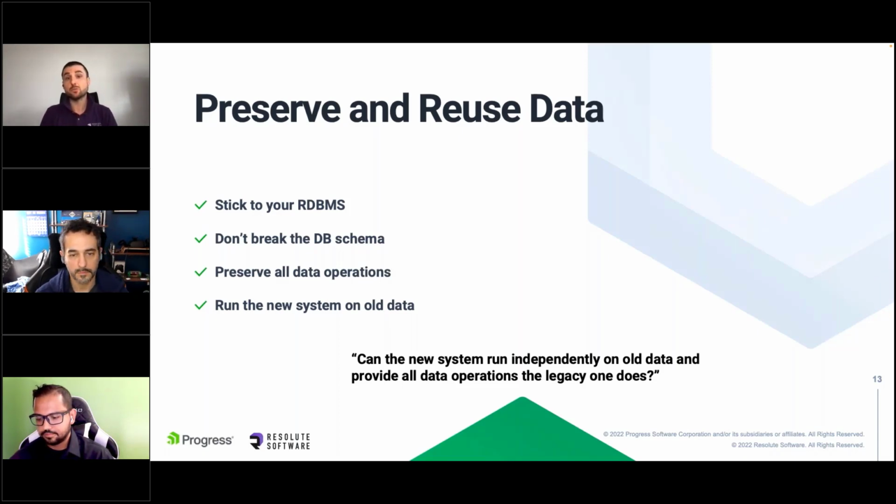You don't want to prevent the users from performing the same data access and modification operations that they had access to previously in the old system. If you can answer positively to the question, can the new system run independently on all data and provide all data operations the legacy does, then you have achieved pretty much your modernization objective for the data layer.